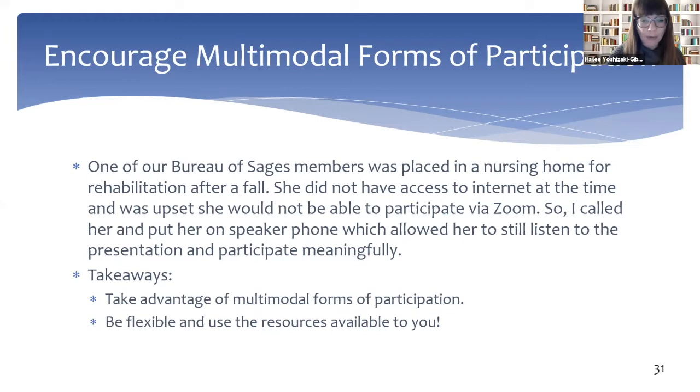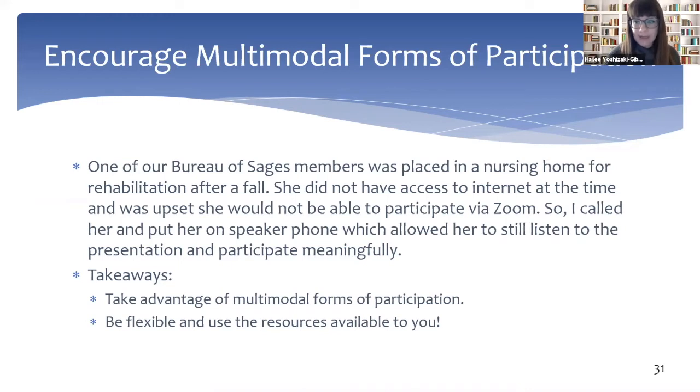So as an example, one of our Bureau of Sages members called me a few years ago and let me know that she had fallen. She had been placed in a nursing home for rehabilitation. And she was very upset because she knew we had a guest speaker coming to present research and she couldn't get the internet set up. And so she felt there was just no way she'd be able to participate.